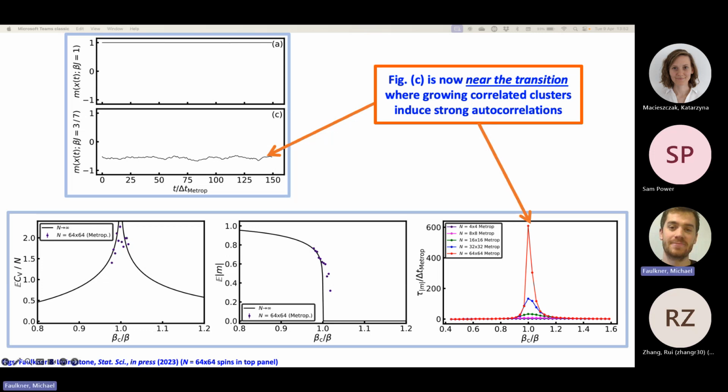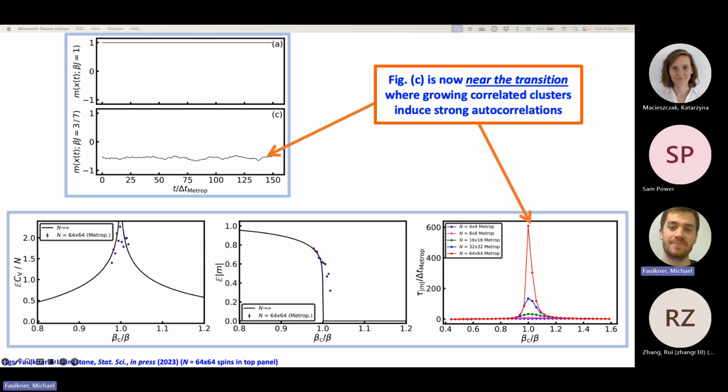At low temperature, this works quite well because whilst it might get stuck in +1 or -1, it's still sampling quite well around that +1 or -1. And this is just the absolute value. But near the transition, even this absolute value, due to these strong autocorrelations, becomes impossible to predict. And so the Metropolis algorithm completely loses its predictive power.